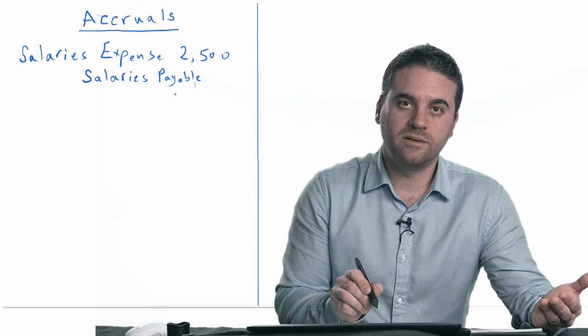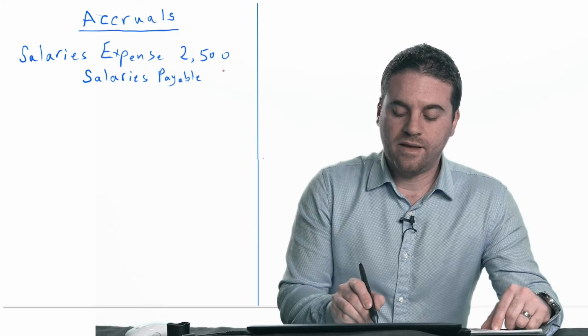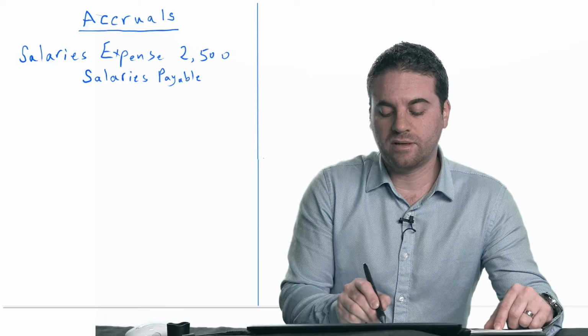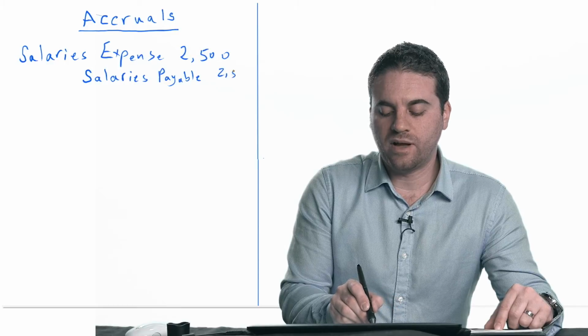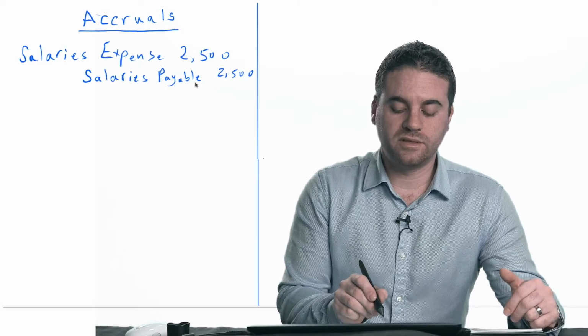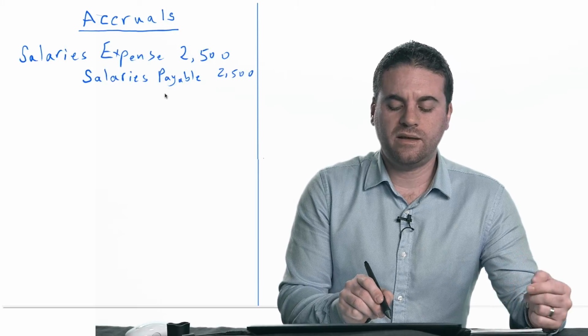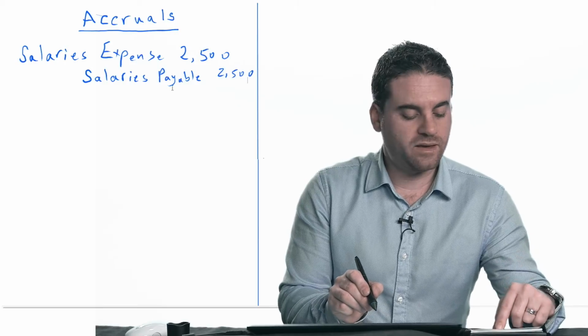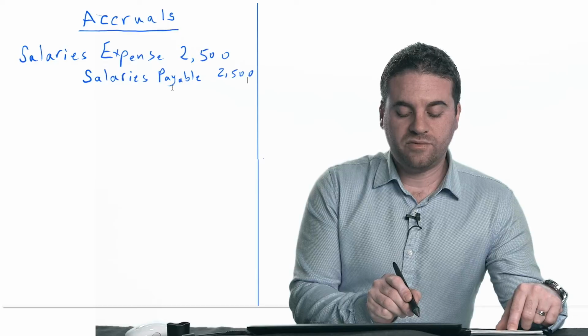So we're liable to pay salaries. And then remember, any liability account has to be increased with a credit. So that would be credit salaries payable, $2,500. We've seen a similar example in the first videos. The only difference is that journal entry, usually we record it at the end of the month. Okay, so that's the first example.